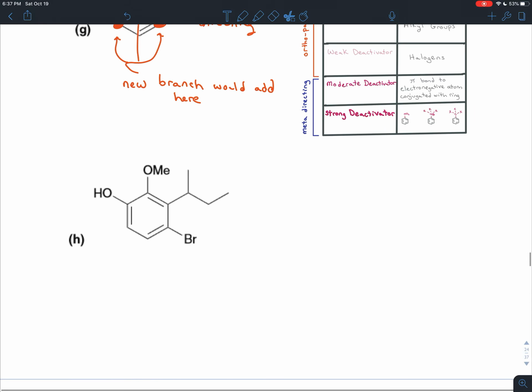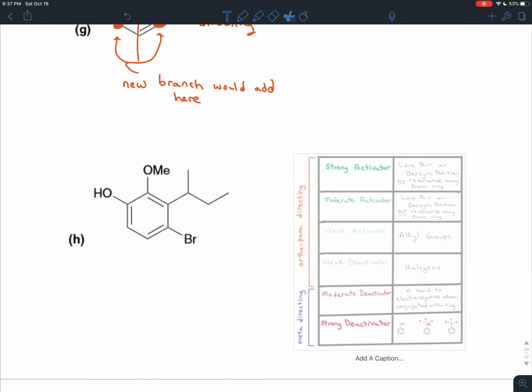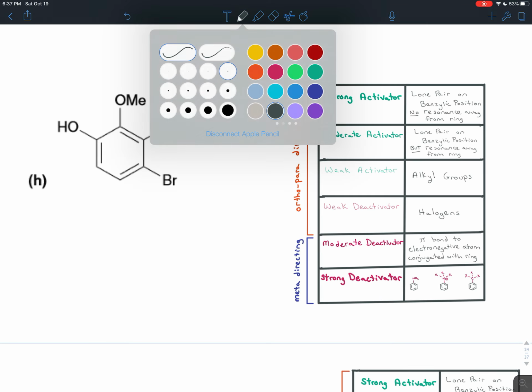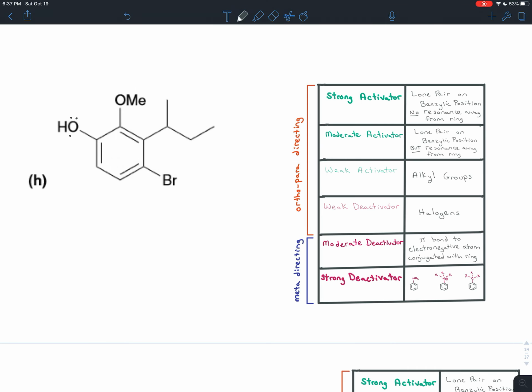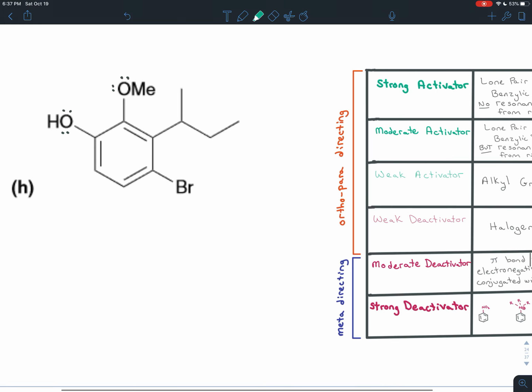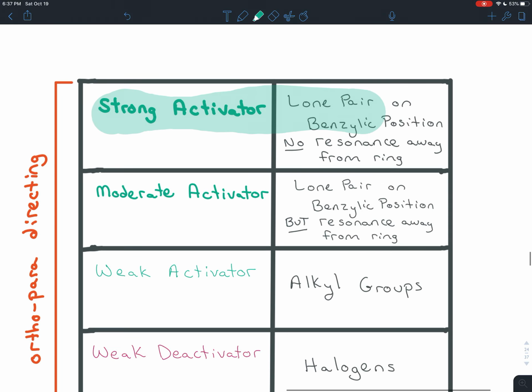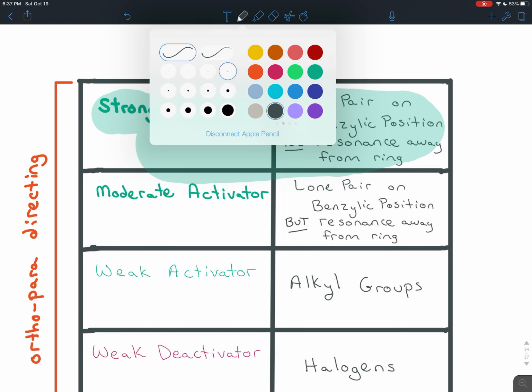Okay, let's try H. So with H, we'll go through each of these branches. Notice this oxygen here has a lone pair. It has two lone pairs. Notice this methoxy group has a lone pair there. And so, first, we have a lone pair on the benzylic position, and it's not being pulled away through resonance, so that is a strong activator.